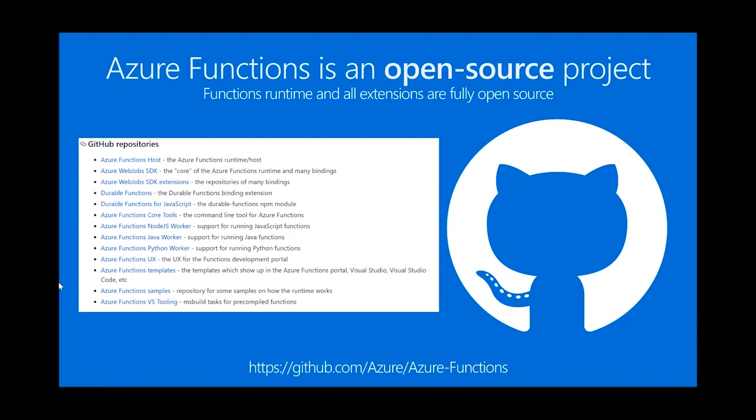The WebJobs SDK, the Durable Functions, including the templates and the samples, are all publicly open source on GitHub. Over time, while this is developed by Microsoft, we have received a lot of contributions from the open source community, and their contributions have significantly influenced the product of Azure Functions. So feel free to contribute to Azure Functions based on the link that I provide here.